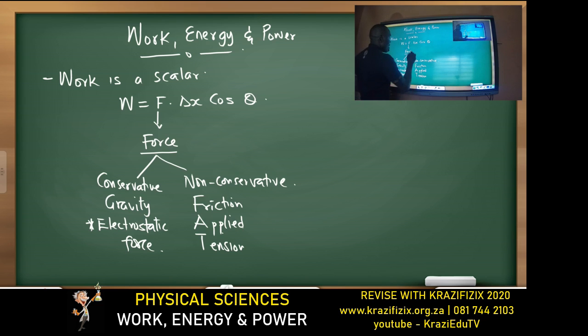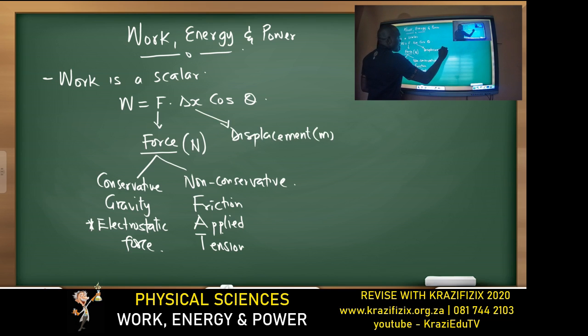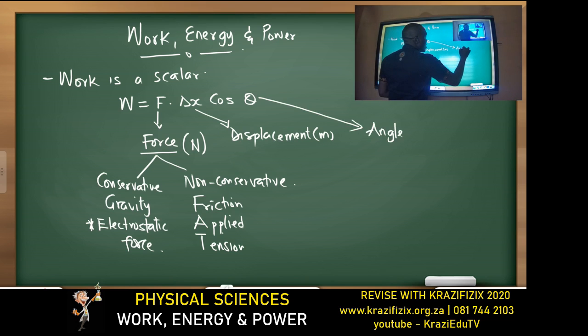Don't forget that the unit of force is newtons. Displacement is always measured in meters. Now the question is this theta. What is theta? Theta is the angle between a particular force and the displacement.